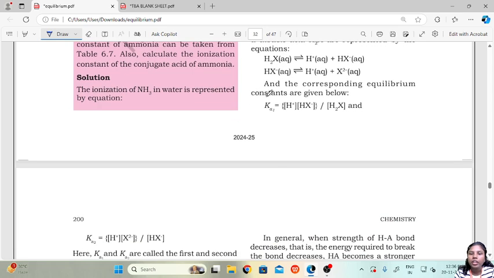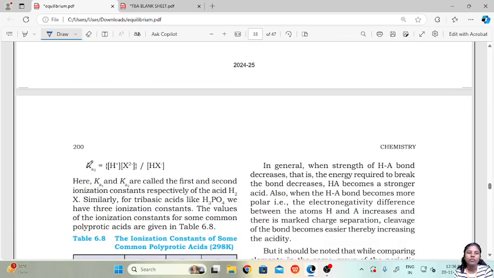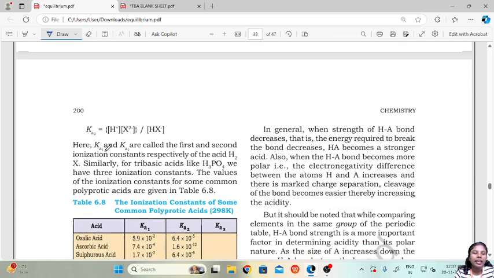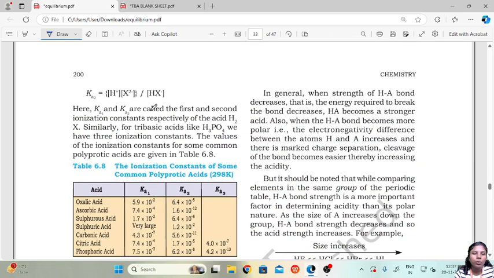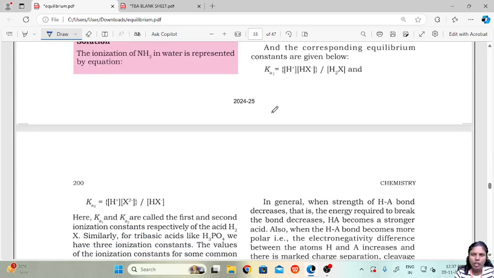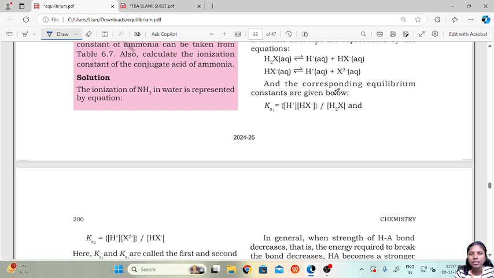Now the corresponding equilibrium constants are given as follows. We take the products upon the reactants. Here Ka1 and Ka2 are called the first and second ionization constants. Why? Because here the reaction occurs in 2 steps, as we have 2 protons which are ionized, one in each step.